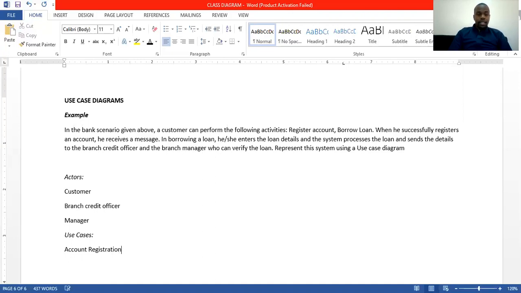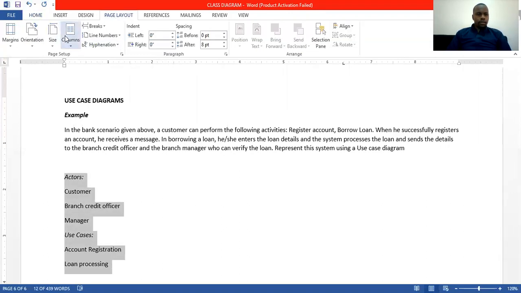For instance, in this bank system, there is account registration and loan processing. Those are the two particular use cases or the processes.